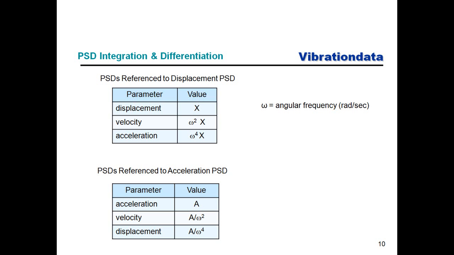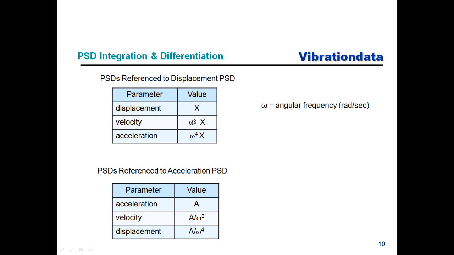Okay, now we can also extend this concept to power spectral densities. And I'm going to be a little bit sloppy here, and I'm going to use x again, only this time it's going to represent the displacement PSD. Now, since we're in PSDs, we have units squared per hertz. So that's going to affect these coefficients that come out front. And actually, I say coefficients, but these are actually variables, because frequency is an independent variable.